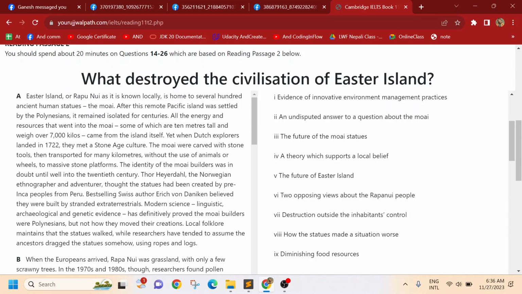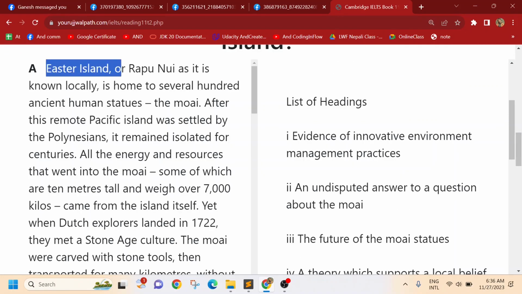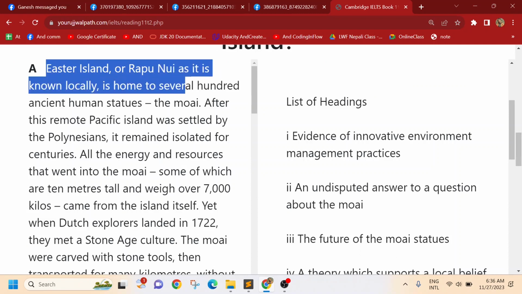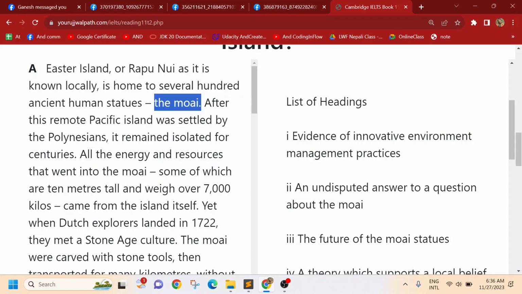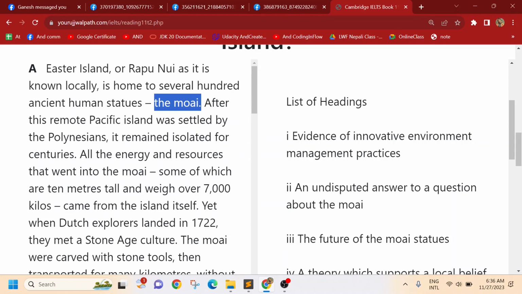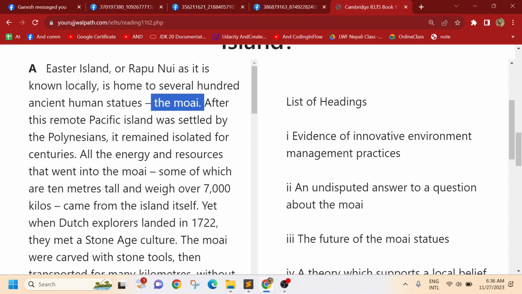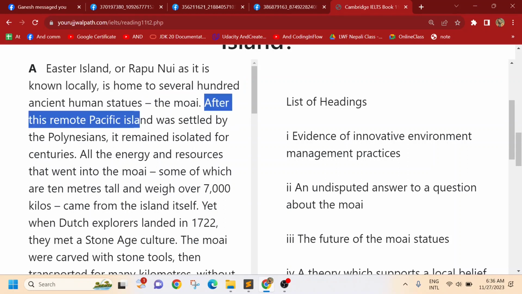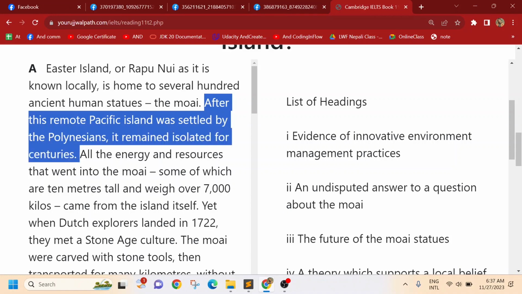What does it say? I am going to zoom it. So Easter Island, or Rapa Nui as it is known locally, is home to several hundred ancient human statues. The human statues means Moai. So it's a place where several hundred ancient human statues are situated, and the statues are called the Moai. After this remote Pacific island was settled by Polynesians, it remained isolated for centuries.